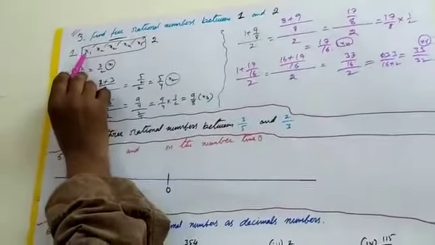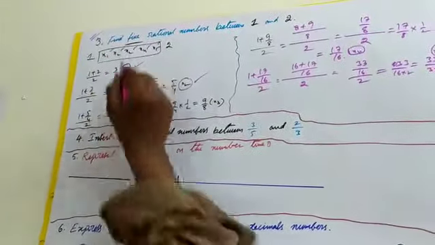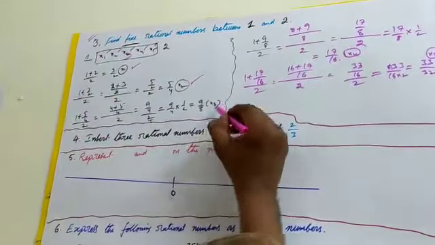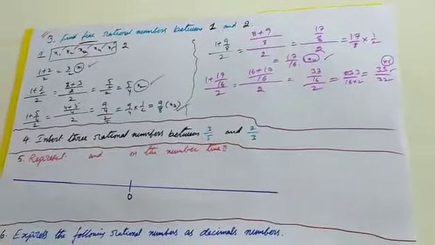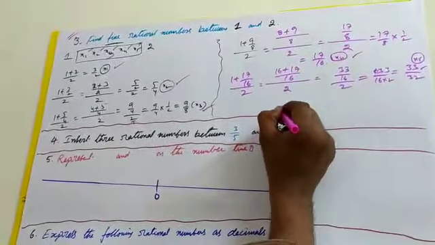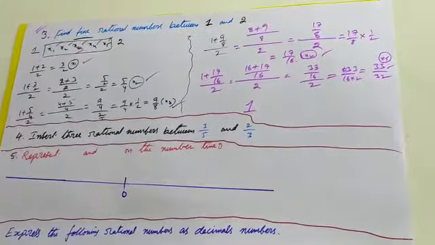You find x1, x2, x3, x4, x5. Now you write the 5 rational numbers in between 1 and 2.